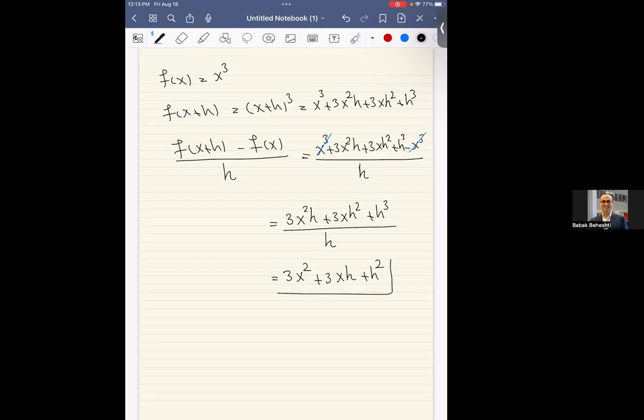Again here, when h goes to 0, the whole thing would be 3x squared. So that means the derivative of x cubed is 3x squared.